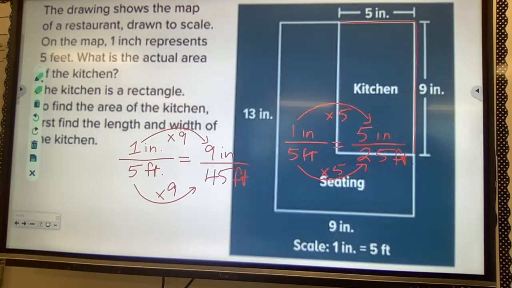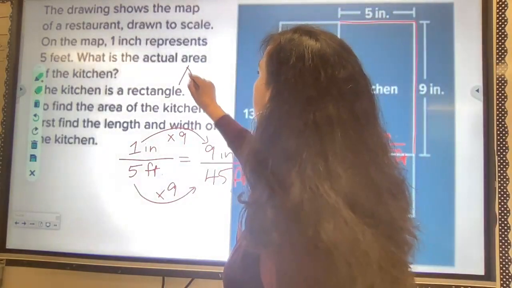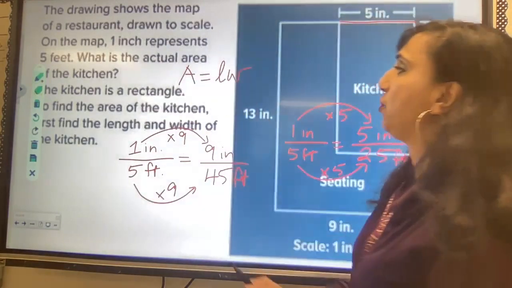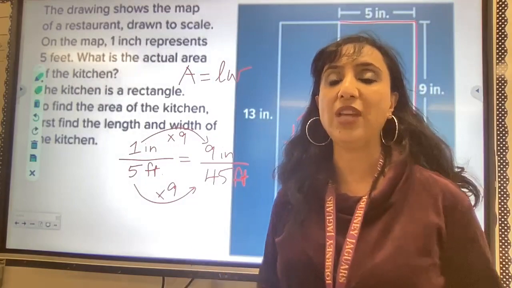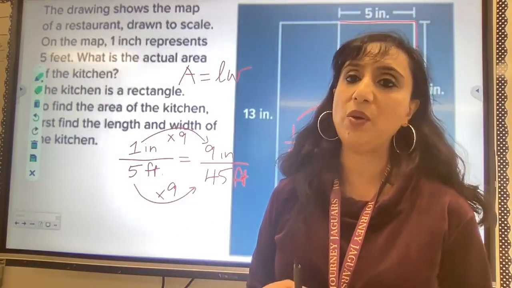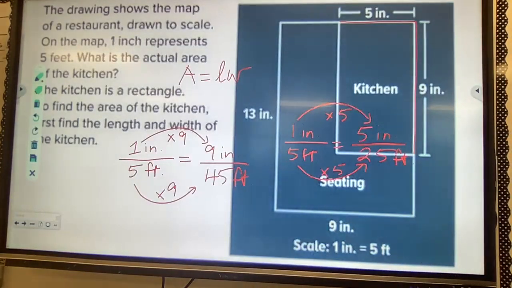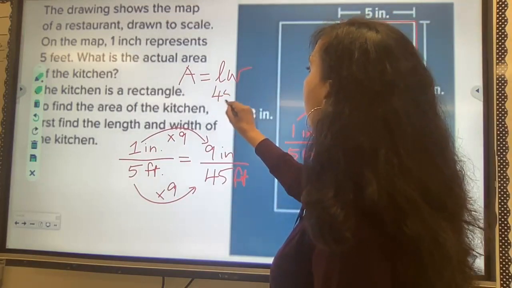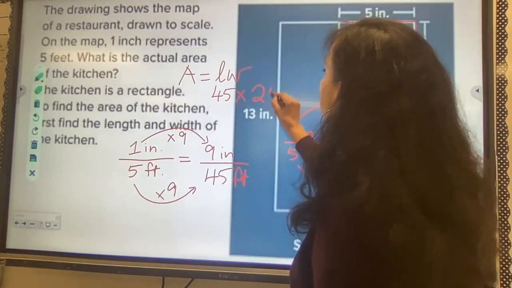So what is the area of a rectangle? Area of a rectangle is length times width, because that's what we're trying to find. What is the area of the actual kitchen? Now that I've found the actual measurements, all I'm doing is length times width. The length of the kitchen was 45 feet, and the width that I found was 25 feet.